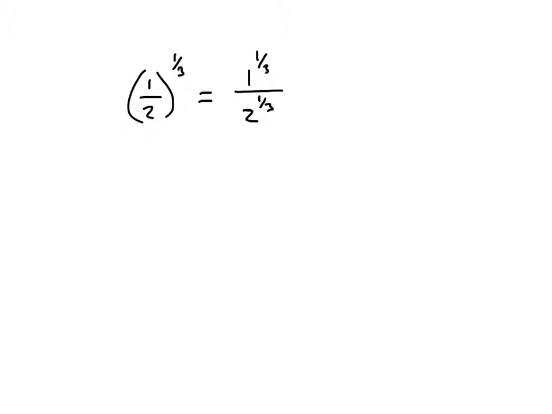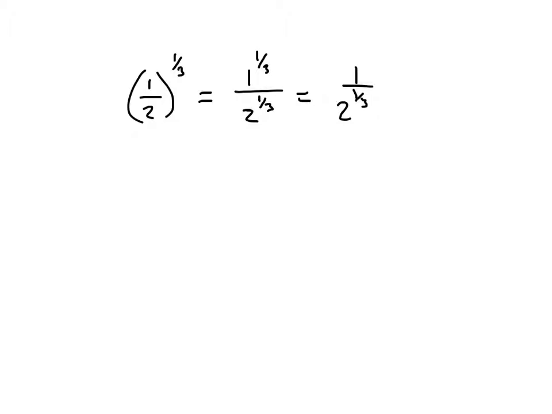And since I'm on it, I might as well show you real quick, how would I rationalize that? Well, first off, I would want to simplify anything I can. For example, I can take the cubic root of 1. What's the answer? 1. So I have 1 over 2 to the 1/3 power. I want to get rid of that exponent of 1/3.